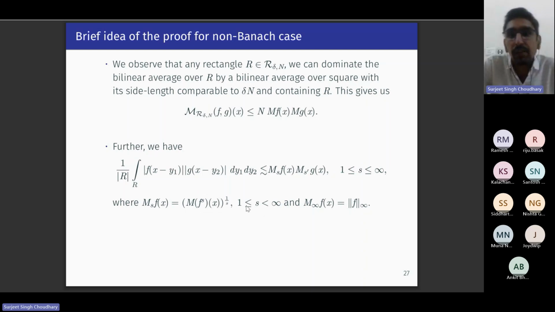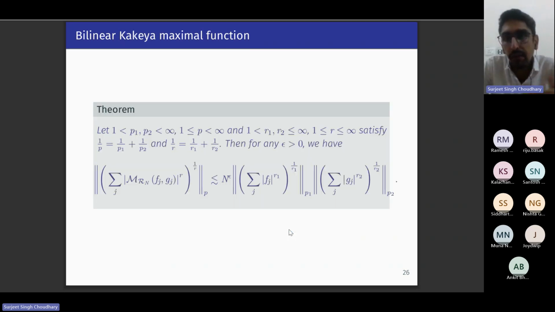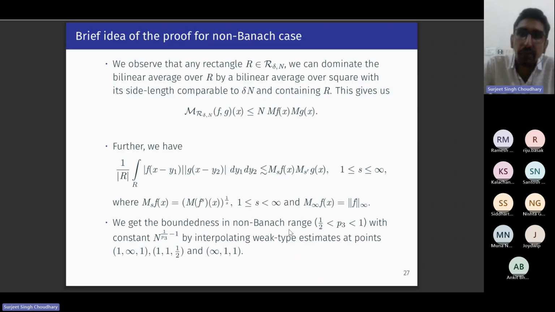When s is infinity, we just denote it by the sup norm of f. So this equation will give us weak type boundedness at these two endpoints, (1, 0) and (0, 1), with constant dependence on the eccentricity n.